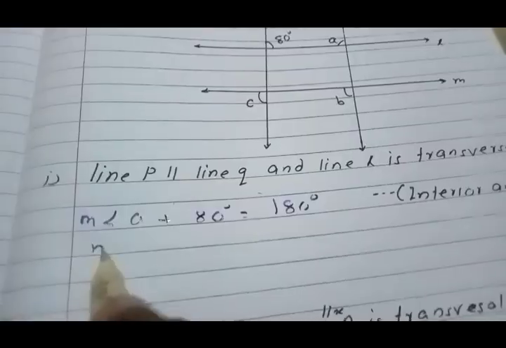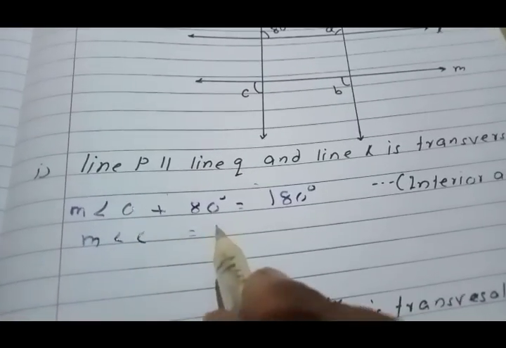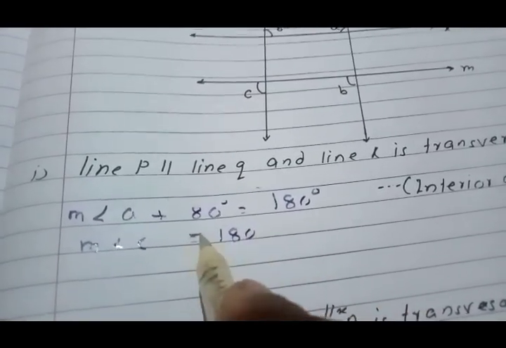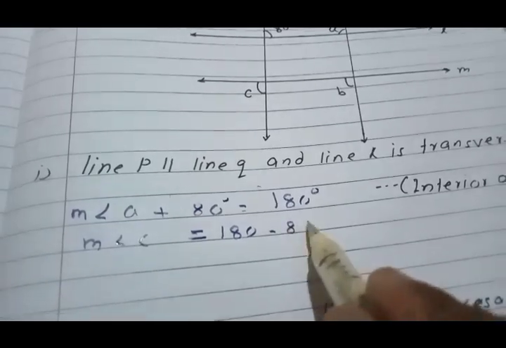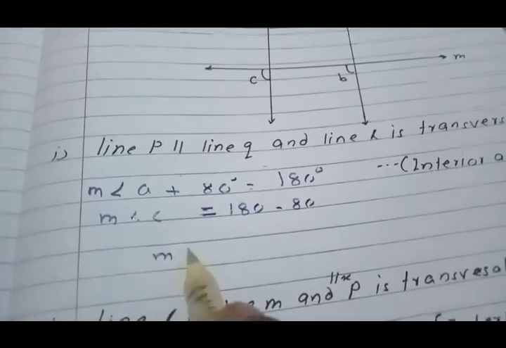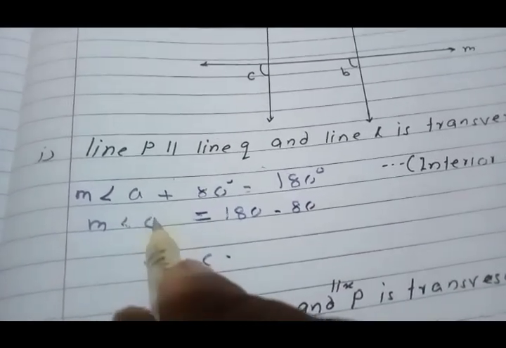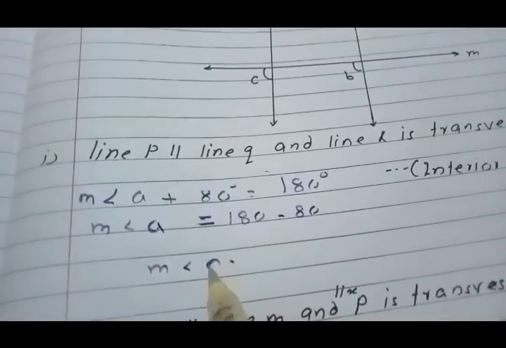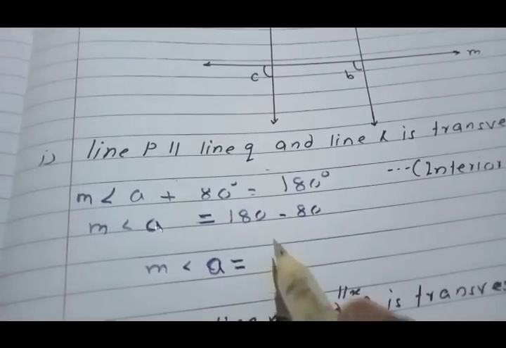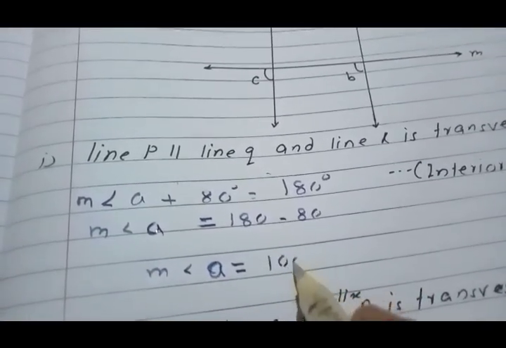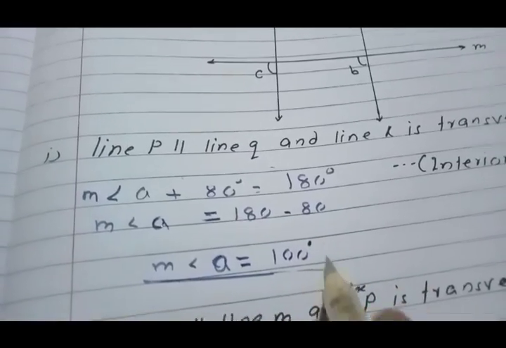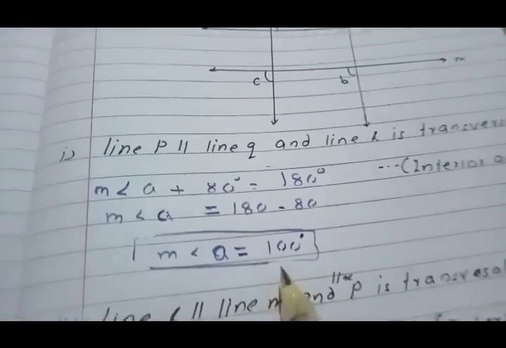So measure angle A equal to 180 minus 80, 100 degree. First value, measure angle A 100.